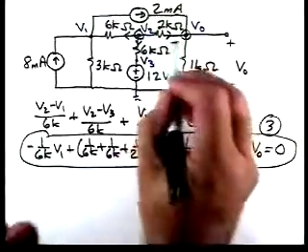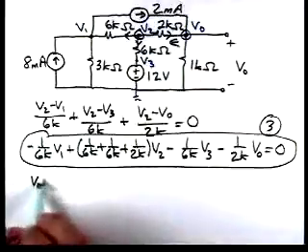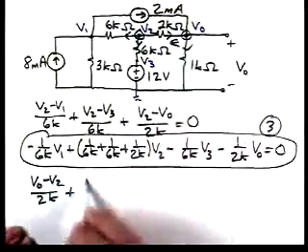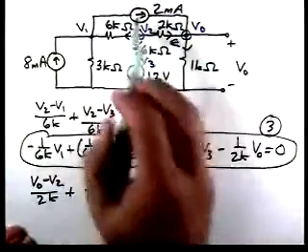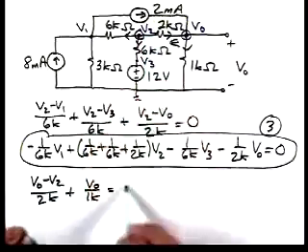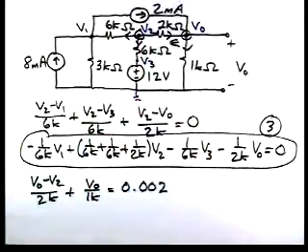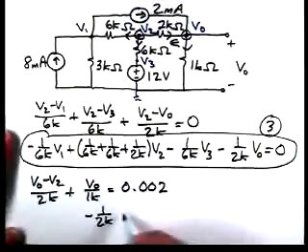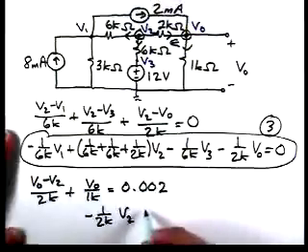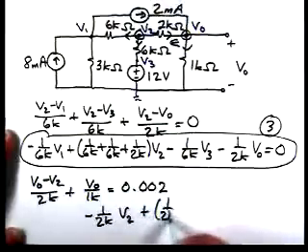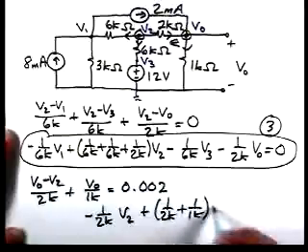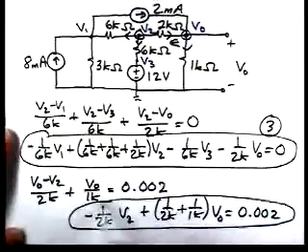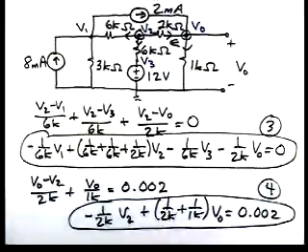Current in that direction, V0 minus V2 over 2K. Current here will be V0 over 1K. We'll have a current from this source of 2 milliamps entering. So now we have minus 1 over 2K times V2 plus 1 over 2K plus 1 over 1K times V0 equal to 0.002. So there's our fourth equation.